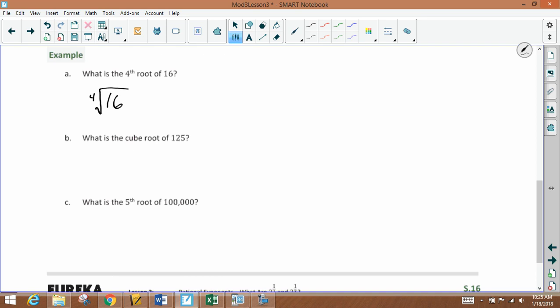So 4 times 4 times 4 is bigger than 16, right? 2, right? So it'll be 2. And why? Because 2 to the 4th power is 16. Just going backwards.